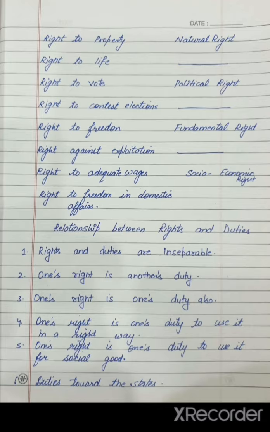So बच्चे, it is the duty of others not to take away, not to steal his property without my consent or without any interference. So one's right is another's duty, मेरे पास मेरा राइट है नेचुरल राइट कि मेरे फादर की डेथ के बाद या जैसे भी मैं उस प्रॉपर्टी को क्लेम कर सकती हूँ. This is my right, but the same thing is another's duty. और दूसरों की भी ड्यूटी है कि वो मेरी प्रॉपर्टी पे नज़र ना रखें या उस पर कब्जा ना करें, उसको कन्फिस्केट ना करें. So this is one's right is another's duty.